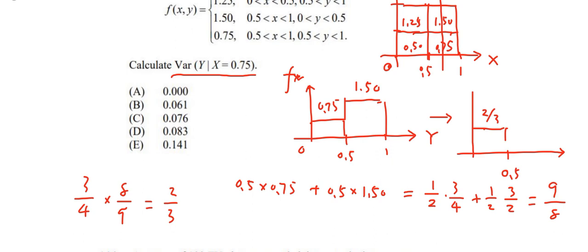And from 0.5 to 1, 1.5 is 3 over 2, so multiply by 8 over 9, which equals 4 over 3. So here is 4 over 3.